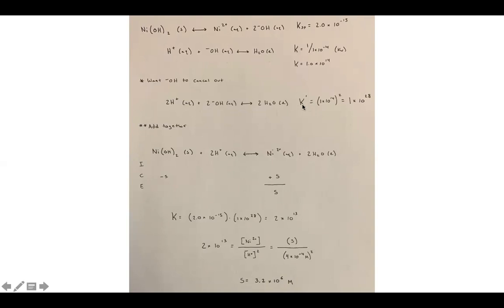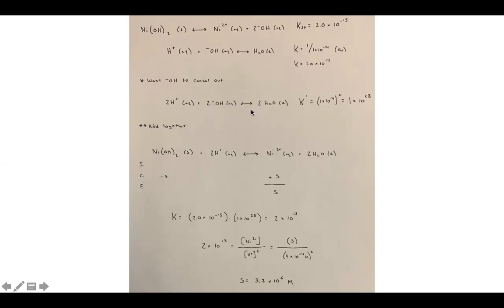So our new equilibrium constant is going to be equal to our old one, 1 times 10 to the 14th, and we're going to square it, again, because we multiplied this equation by 2. This tells us that our actual equilibrium constant for this equation, 2 H plus and 2 hydroxides go to 2 waters, is actually 1 times 10 to the 28th, right? So an extremely high number, meaning almost all of our reactant is going to become product.